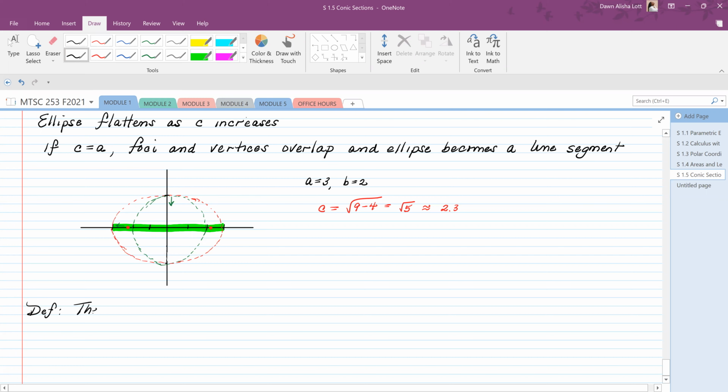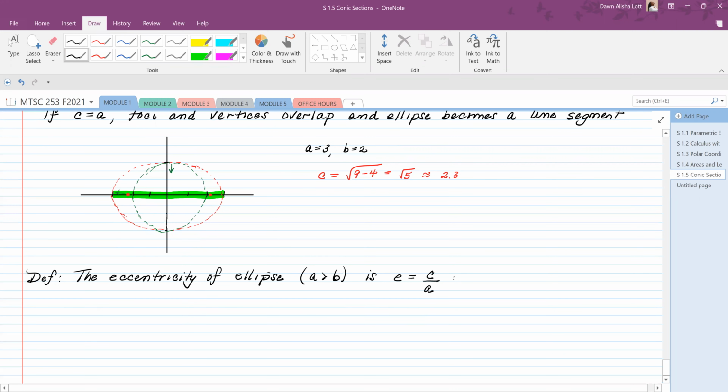So the eccentricity of an ellipse, for an ellipse where A is greater than B, is E, and E is defined to be C over A. So this is the square root of A squared minus B squared over A. So that's the eccentricity.